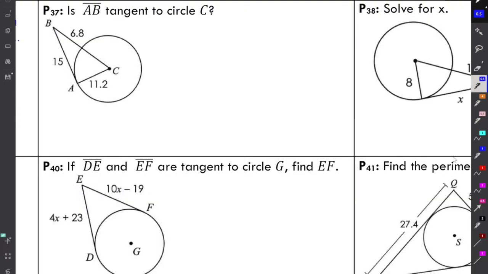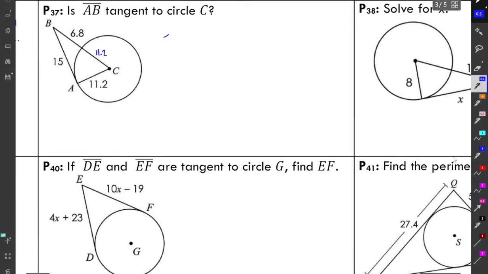Alright, P37. Is AB tangent to circle C? We'll plug in our 15 and our 11.2 into the Pythagorean theorem and see if they equal 6.8. So do the square root of... Oh, okay. No. Careful. This little part outside the circle is 6.8, so this is 11.2.